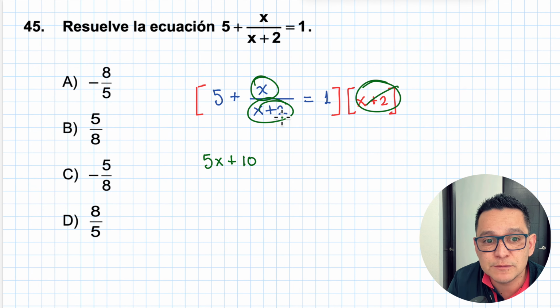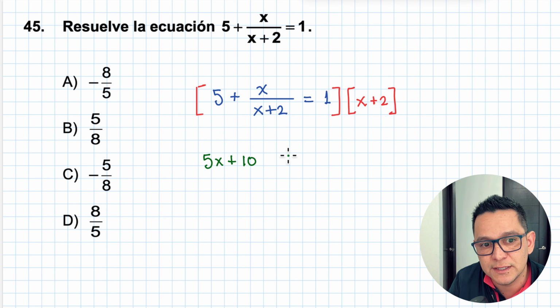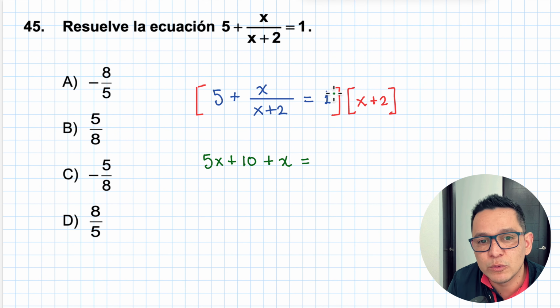This would make the x plus 2 and the x plus 2 cancel out, and I would only be left with the x, right? So multiplying x plus 2 by x over x plus 2, well, I'm only left with x. And look, I won't have denominators anymore, right? Well, finally, we multiply 1 by x plus 2. And well, 1 times x plus 2 is still x plus 2. See?